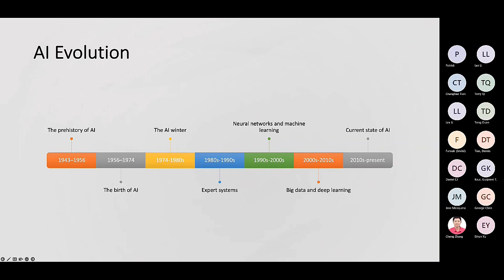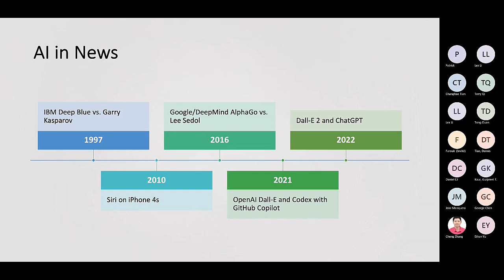For many of us, it's not easy to read all the scientific papers to observe the changes around AI, but we actually can learn a lot from the news. For example, back in 1997, when the AI research was still in neural networks and expert systems, IBM was able to create a huge system called Deep Blue, which is actually a good player in chess.